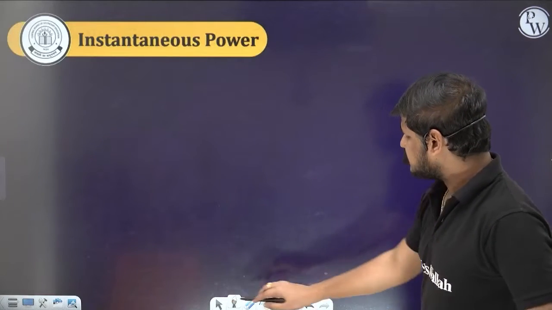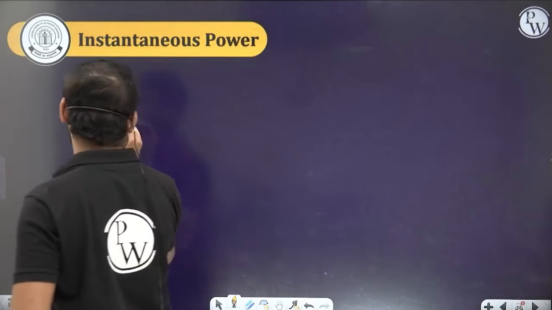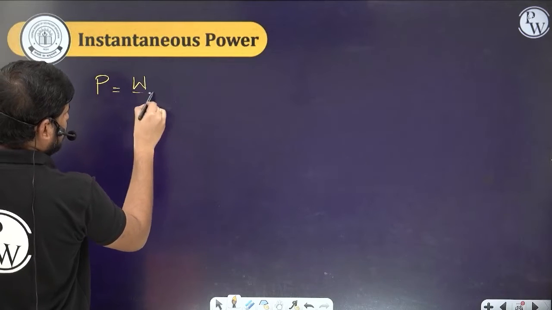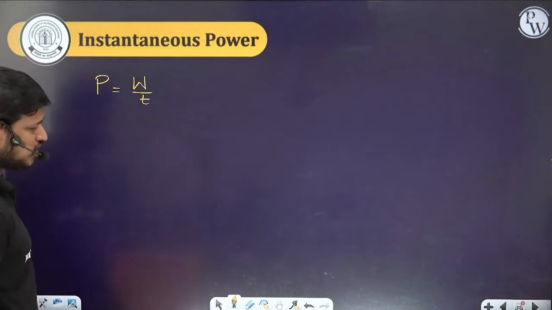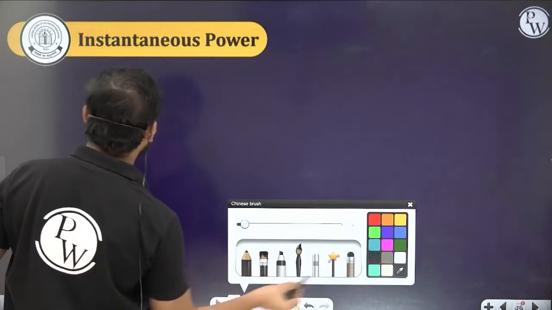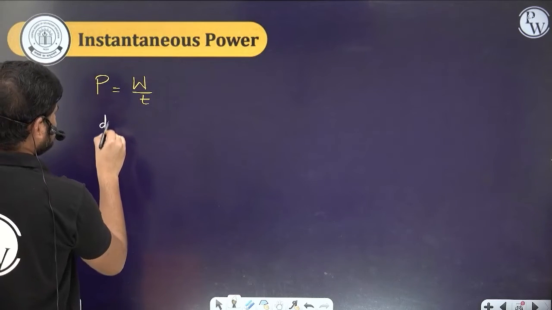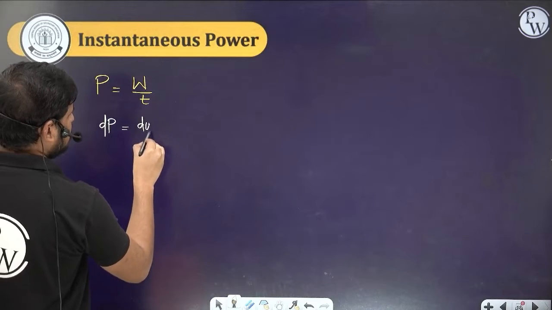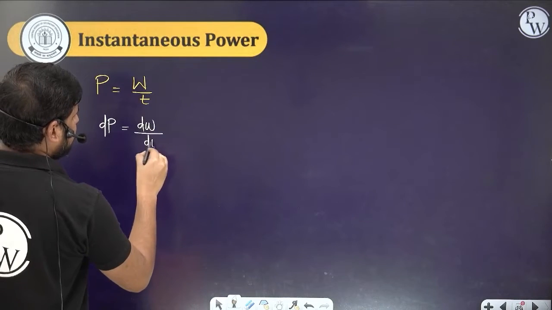Now let's come to the instantaneous power. We know that power is the rate of work done, right? Let's suppose a very small amount of power, dP, is equal to dW by dt, right?